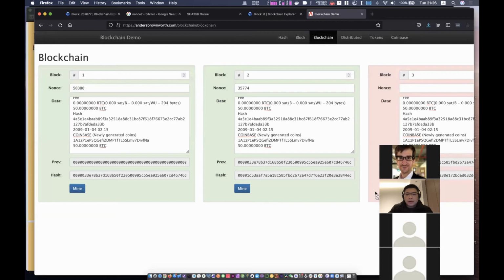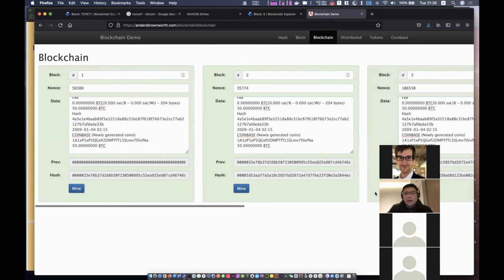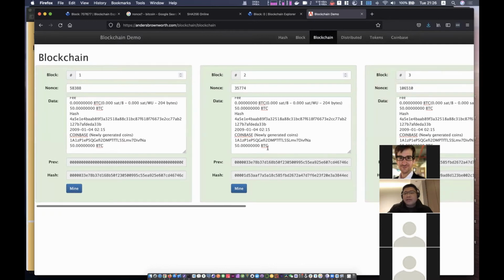Oh, my computer fan is running louder right now. Okay, good. So right now we have three blocks of transactions, and we have created three blocks with their hashes and nonces.